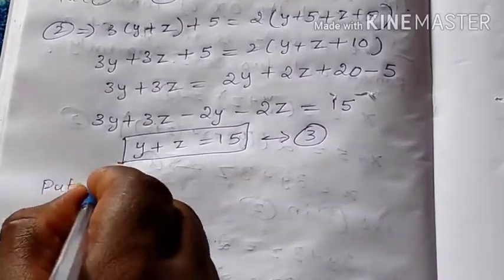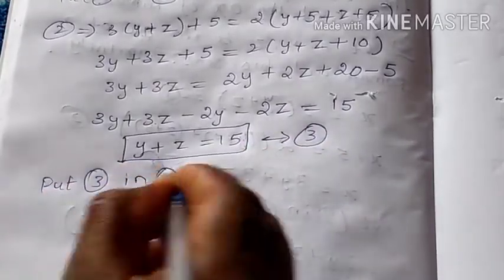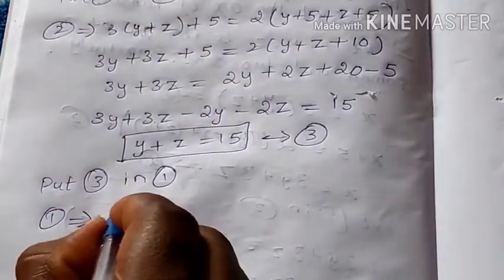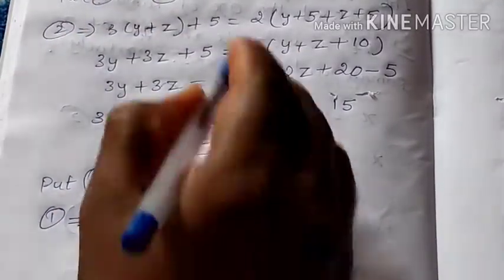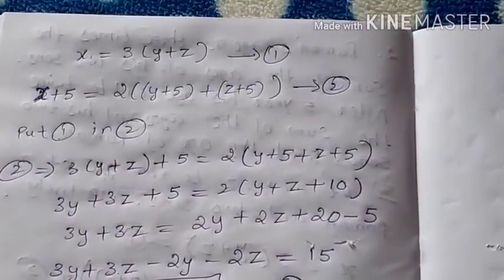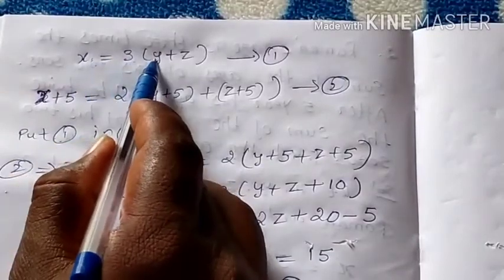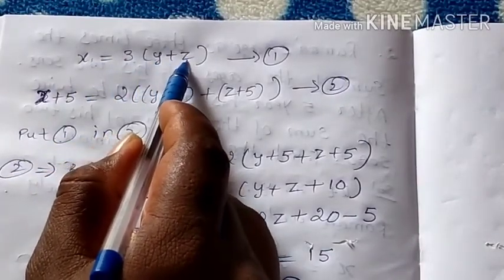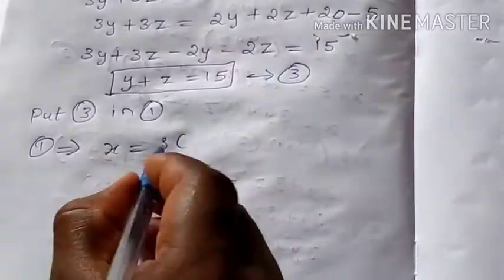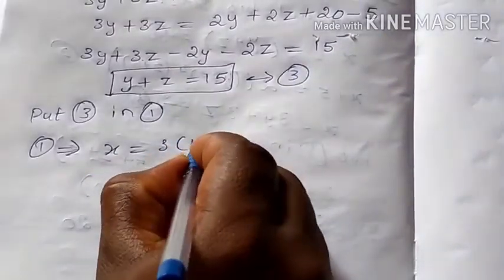Put 3 in 1, because the first equation implies x is equal to 3 into y plus z. So the y plus z value we now get. So x is equal to 3 into y plus z, which is 15.